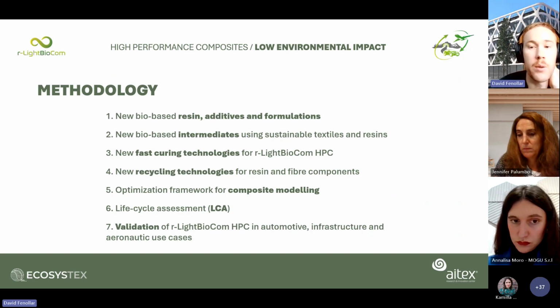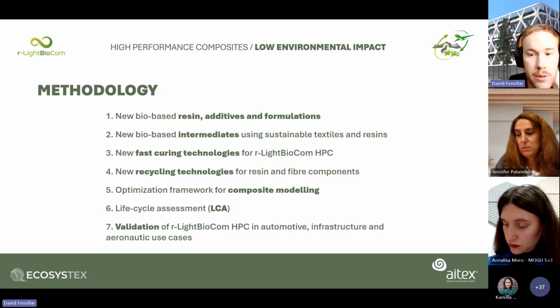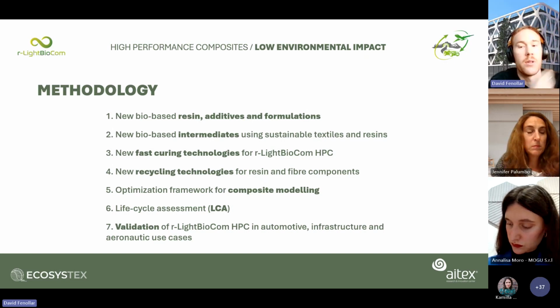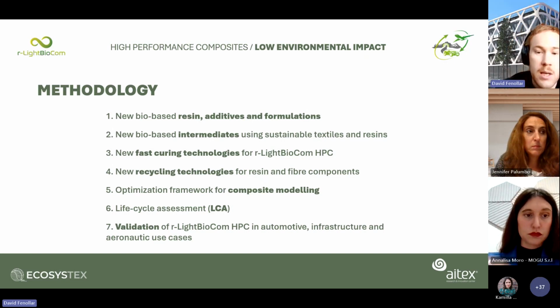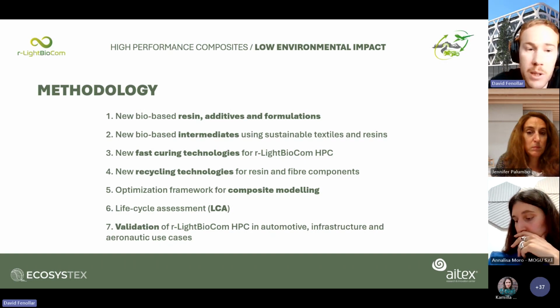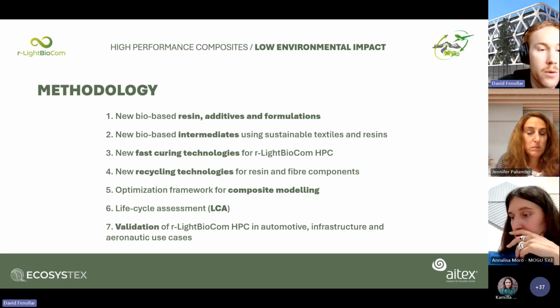In point 3, we develop new fast curing methods together with new non-autoclave processing techniques for the manufacture of the composites. In point 4, we develop the recycling technologies for the resin and fiber components developed in the points before.